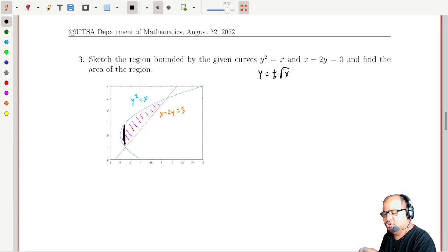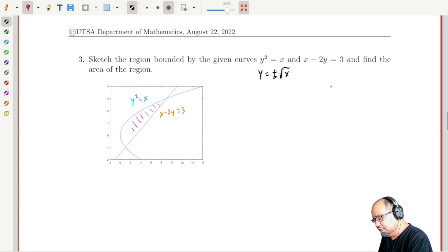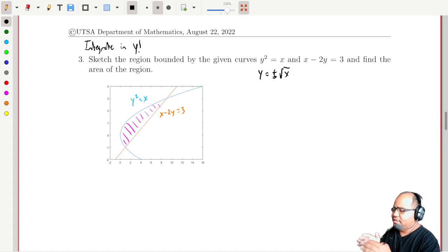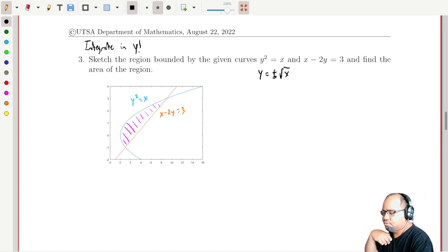And so here we're actually going to go ahead and change the order of integration. Okay, just using some language from Calculus 3 there. We're going to go ahead and change the order of integration. So instead of integrating in x, we're going to integrate in y here out of convenience. And so what that means is instead of having a strip that is oriented vertically like we had in the last two, we will now have a strip that is oriented horizontally.